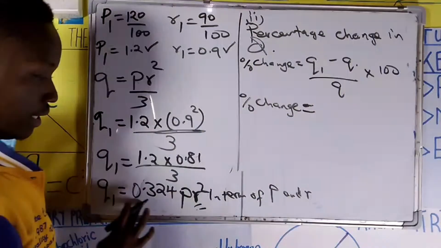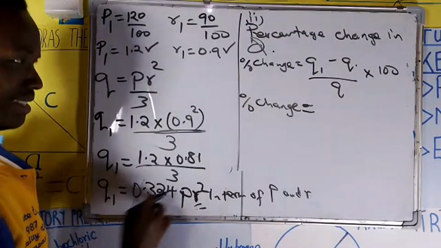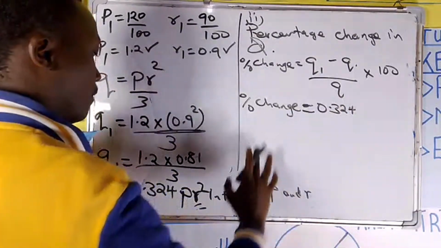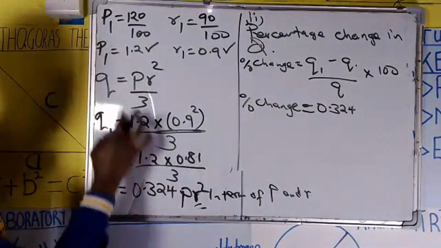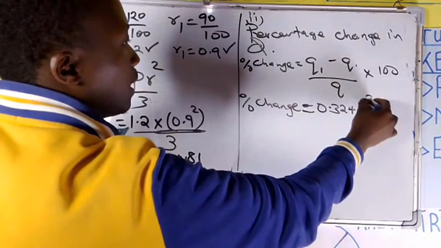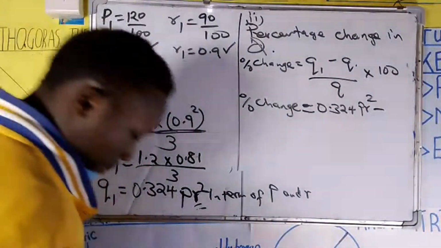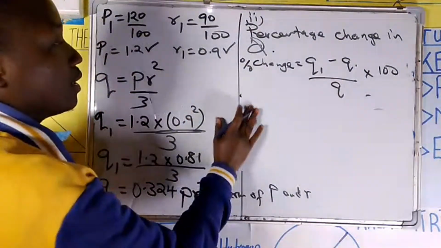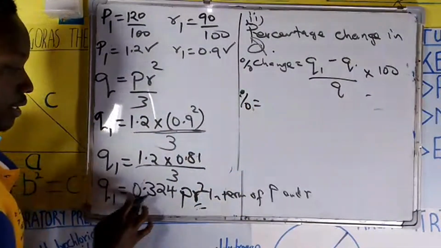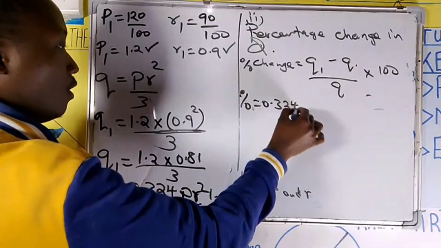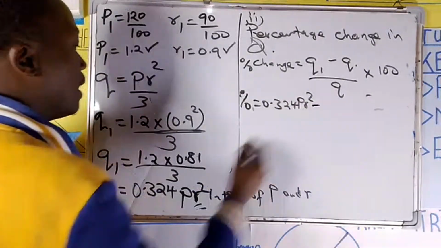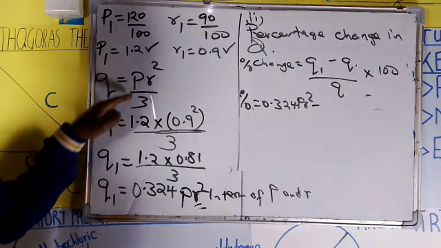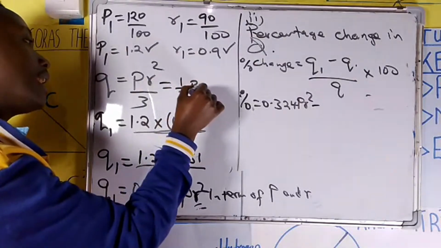the new Q is 0.324. I hope you can see this. Let us even include PR squared. Here it was PR squared. So 0.324 PR squared minus the old, let me condense here. We know this is a percentage already. So the percentage change is 0.324 PR squared minus PR squared over 3, which is the same as 1 over 3 PR squared.